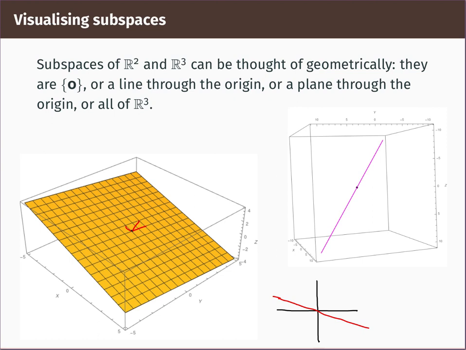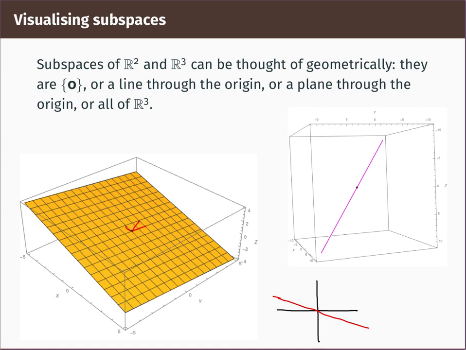So a plane through the origin would be a subspace of R cubed, or a line through the origin, as in this other picture on the right, which is supposed to show you a line through the origin in three-dimensional space, and that black dot is the origin. You can see that it's closed under addition and scalar multiplication. If you add 2 points on that line, you get another point on that line.